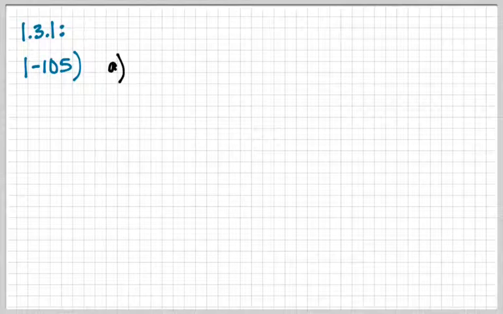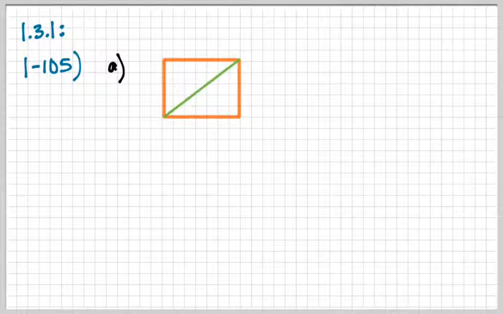So in part A, it gives you a square, looks something like this, and there's a diagonal in it, and then it gives you 2 side lengths that are both equal, n and n, and then gives you a missing angle called x.